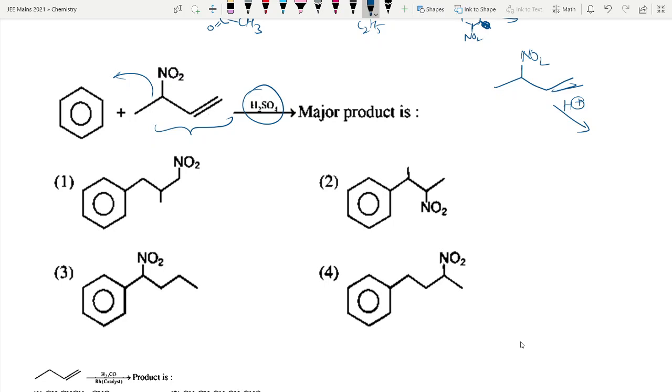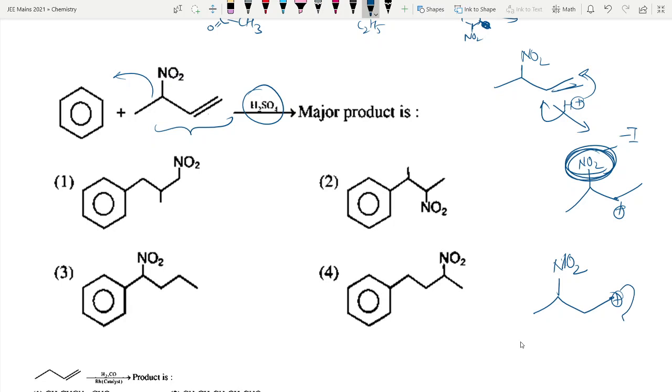So you have an H plus, and if you attack this H plus here at the corner, then you get a plus here, which is not a good idea because NO2 is highly electron withdrawing, and it shows minus I effect. So this is not a good idea. I would like to attack the H plus here and generate this carbocation at the corner, which is primary, I understand, but still because there is an NO2 group, I would like to prevent the H plus from the NO2.